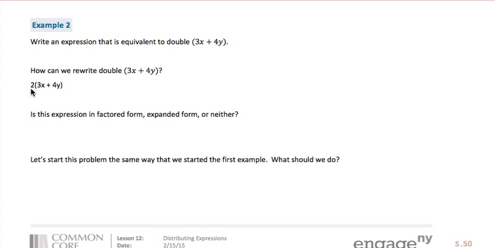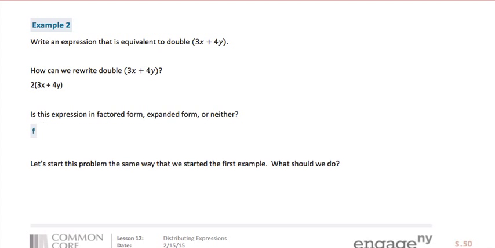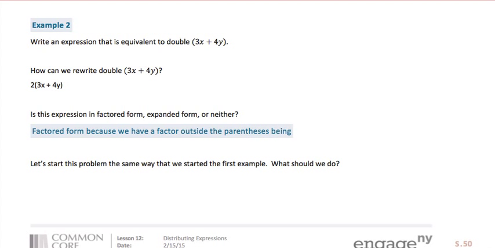A factor is a number that you multiply. So it is in factored form because we have a factor outside the quantity inside.